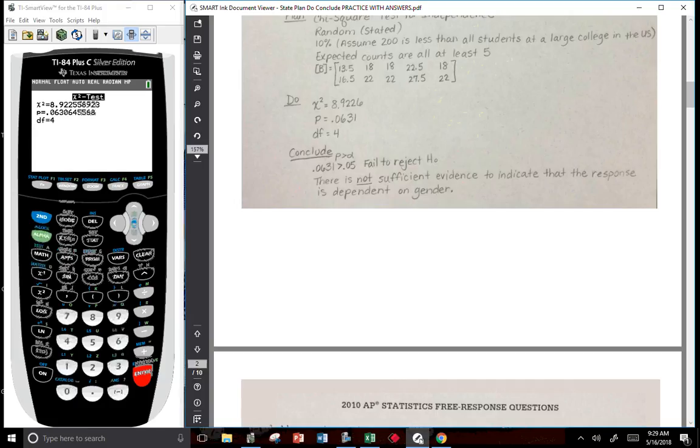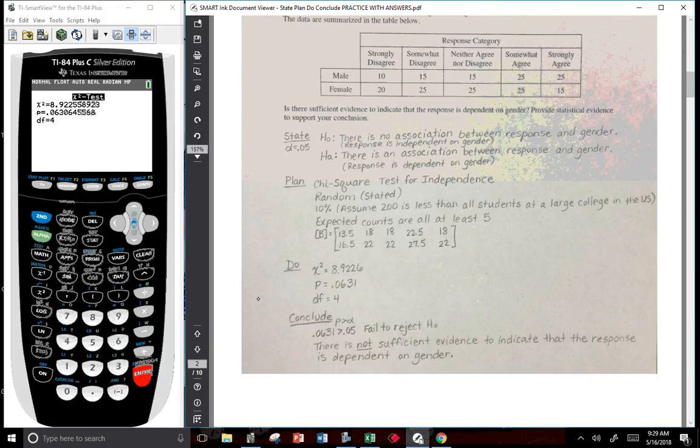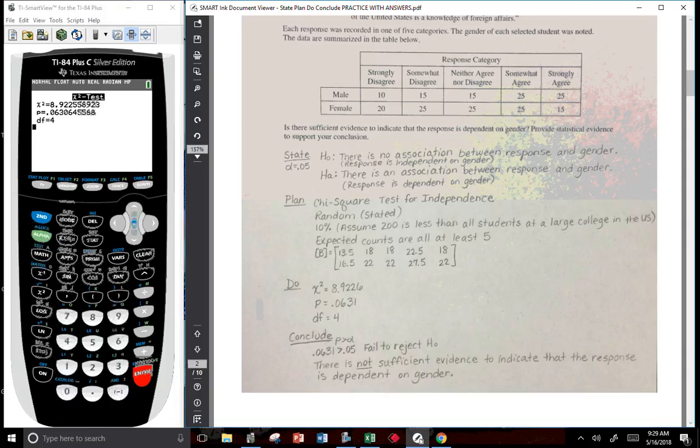But anyway, we learned two things about interpretations on confidence intervals. We learned to interpret the confidence interval itself. And isn't that always the conclusion on the state plan do conclude for an interval? So what's that sentence? It's not what they're asking for.